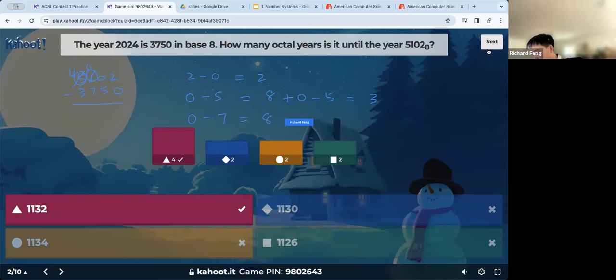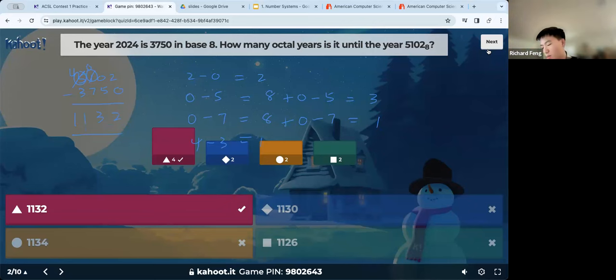So 8 plus 0 minus 7 gives us 1. And lastly, we have 4 minus 3 and the leftmost digit, which is just 1. So basically, the result is 1132, and that is the answer.